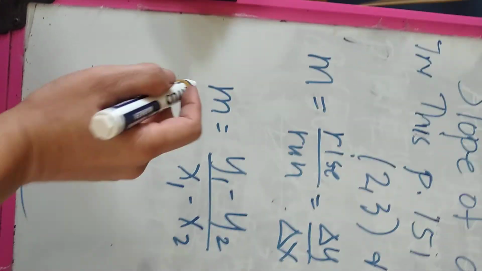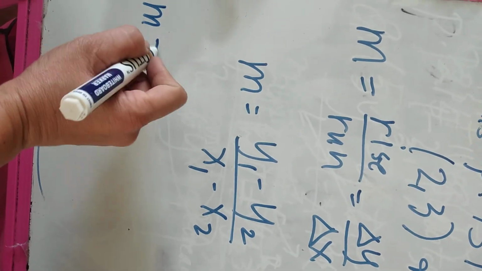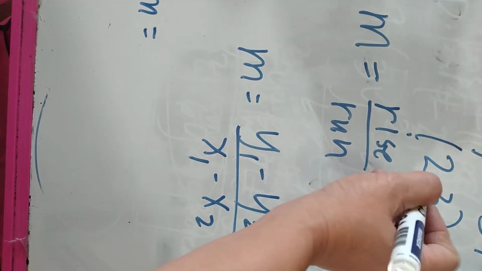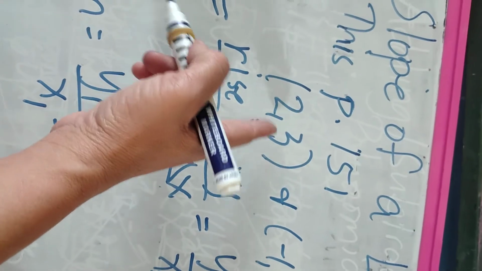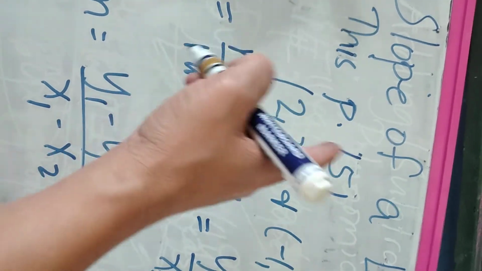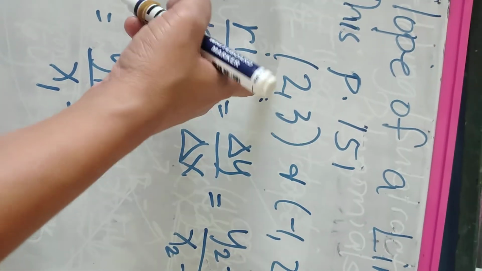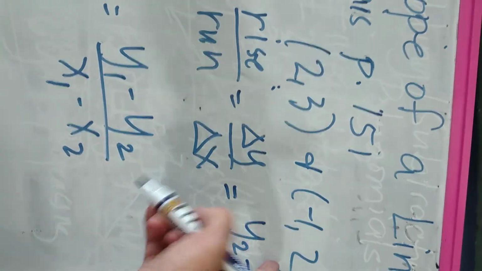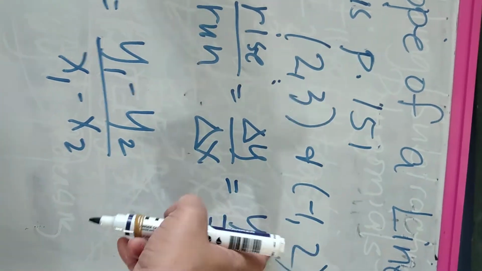Remember the symbol of slope, it's small letter m. Please don't get confused. So x first, followed by y: x coordinate, y coordinate, x coordinate, y coordinate. x sub 1, y sub 1, x sub 2, y sub 2.